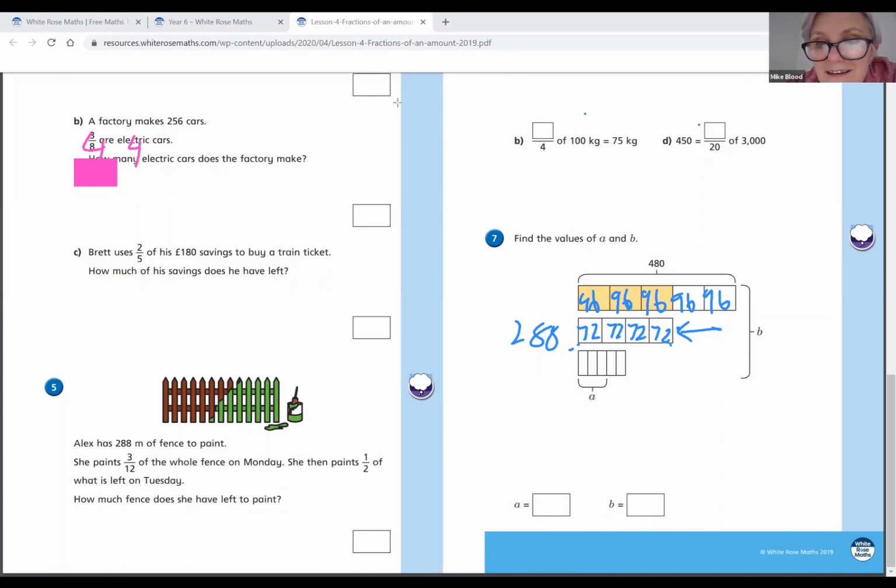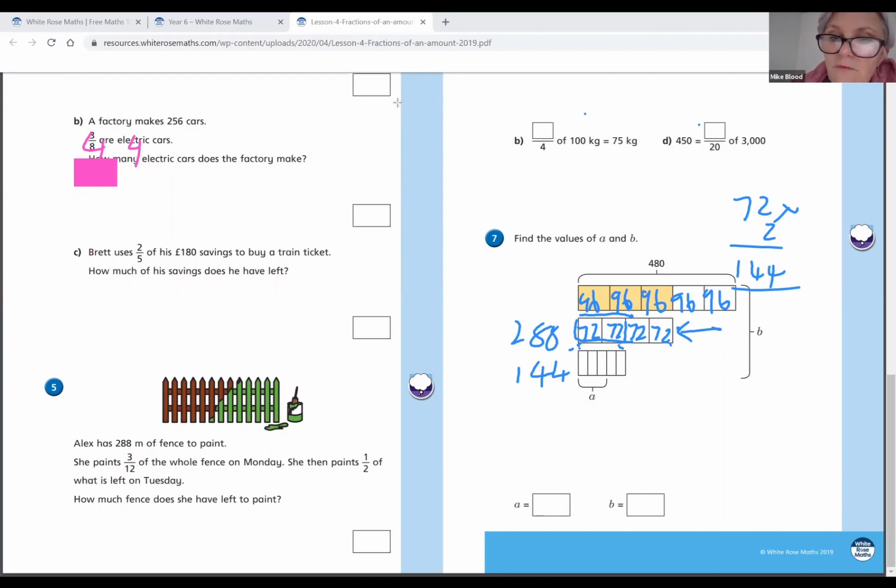Now I can get to A, which is exciting beyond belief. So A is the same as 2 of this second row here, and 2 of this second row is 72 each. So 72 times 2, I'm sure you can do that in your head. It's 144. Okay, so this one is 144 for A, because it's the same size as this bit here, isn't it? Okay, and we want what 1, 2, 3 of those are.